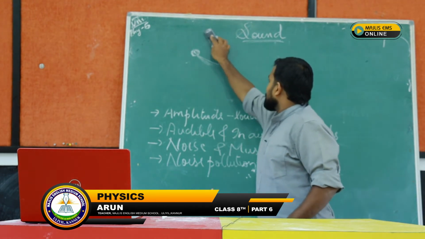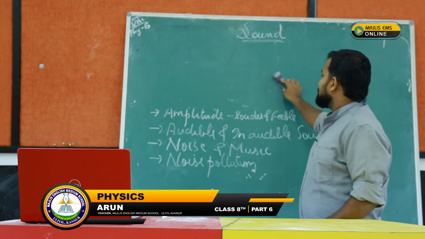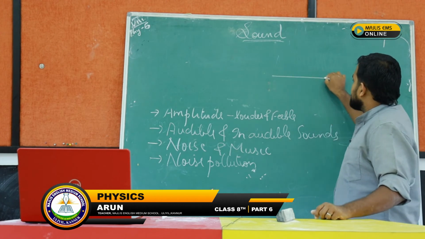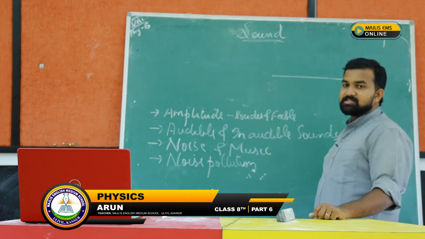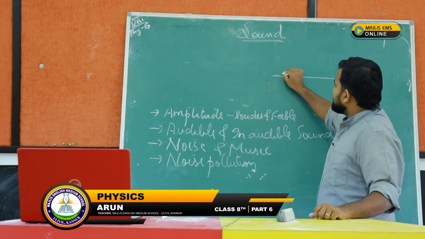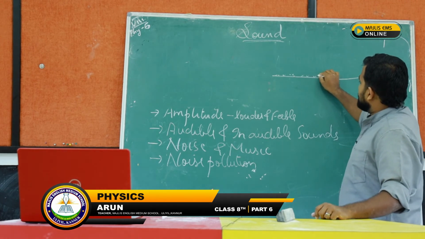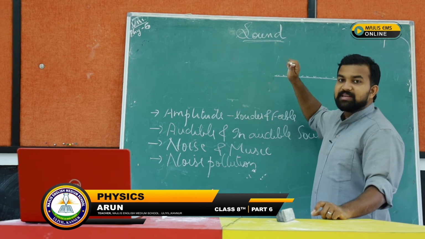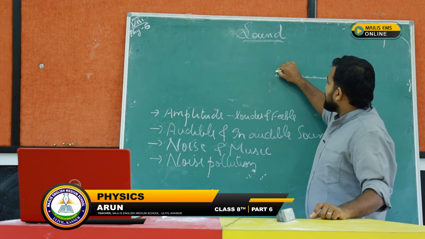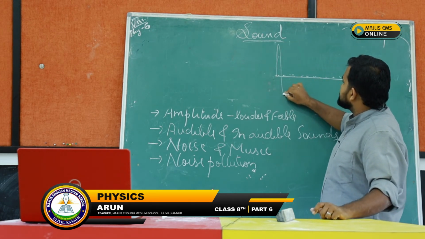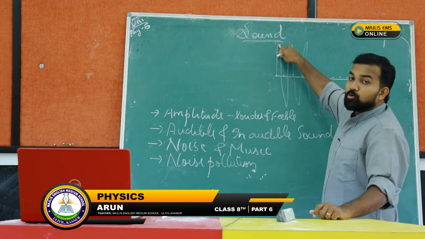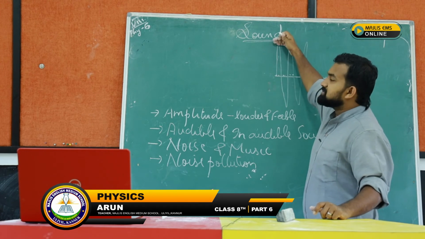Now, what can we say about amplitude? Amplitude means, if this is the mean position, and there are a lot of particles on the surface, if I am hitting over here and the particle moves to the topmost, this much disturbance is caused.